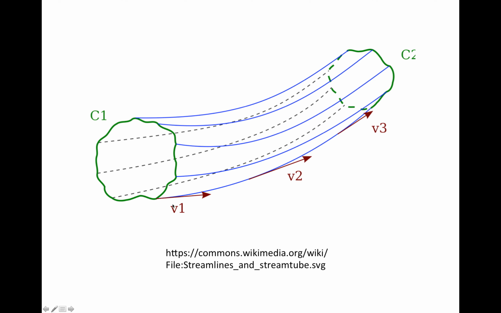Again, the velocity of the particle that we're tracing is always tangent to those streamlines. So there is no mass flow across the boundary of this particular stream tube. So if we consider a stream tube, then the mass flow within this tube is always constant. And later on, when we talk about the actuator disk model of wind turbines, we will use the concept of a stream tube.